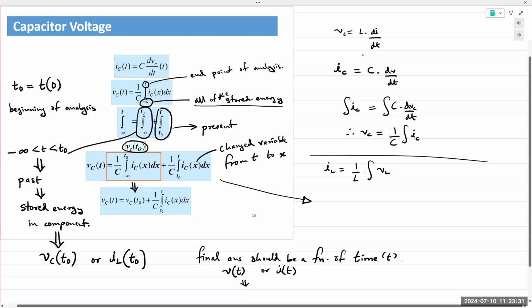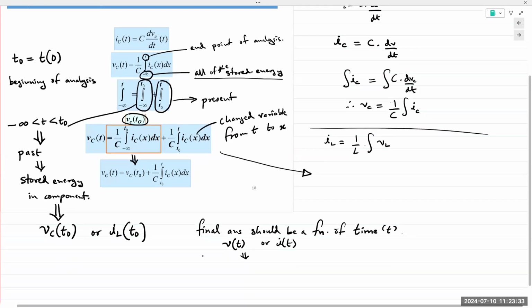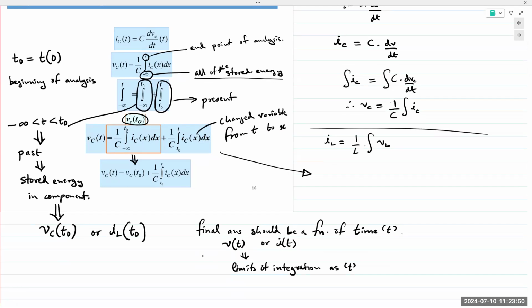Hence, we have the limits of the integration as t. So obviously, if you have the limits of integration as t, and you keep the variable also as t, it causes a little bit of confusion. Let's take a pause. Let me know if something doesn't make sense.